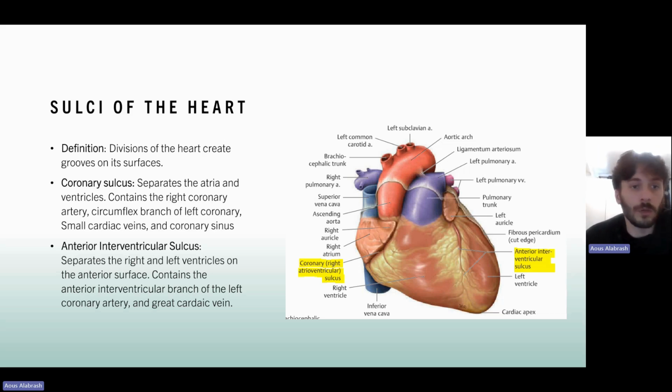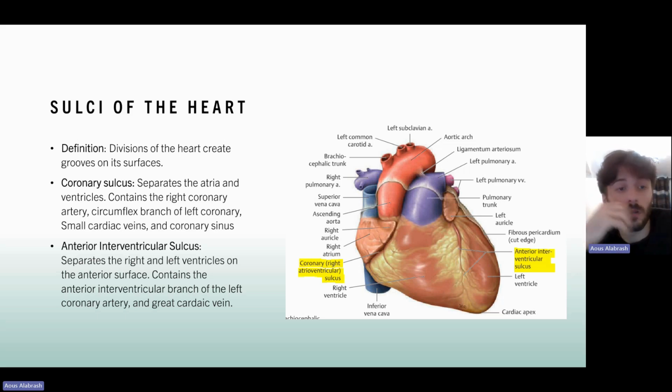So, going on, we have four main sulci of the heart. In this slide, I'm going to talk about two. In the other slide, I'm going to talk about the other two. Now, first one, we have the coronary sulcus. I highlighted the two sulci that I want to talk about in this picture.